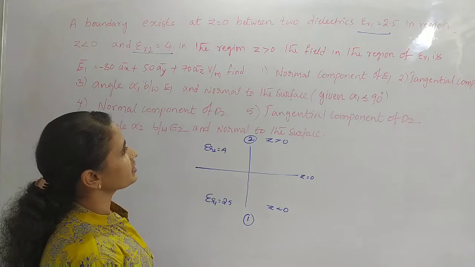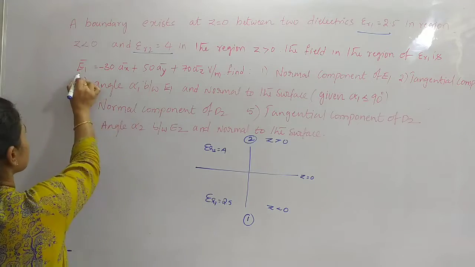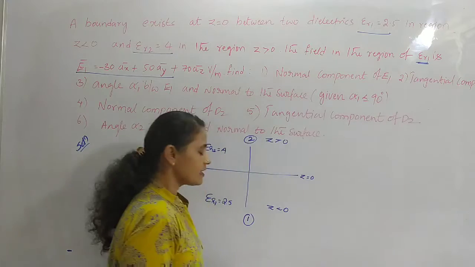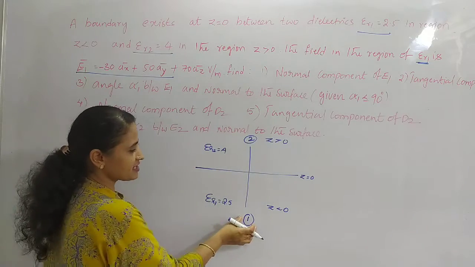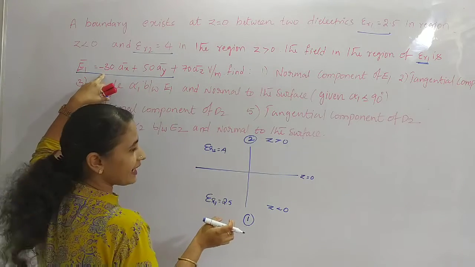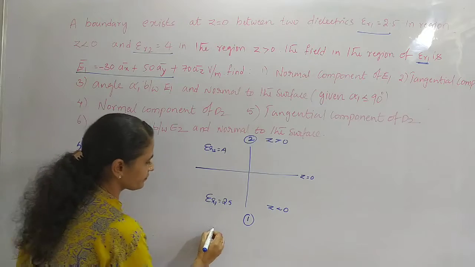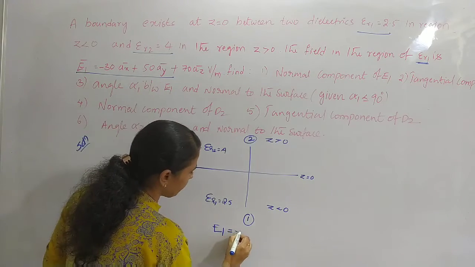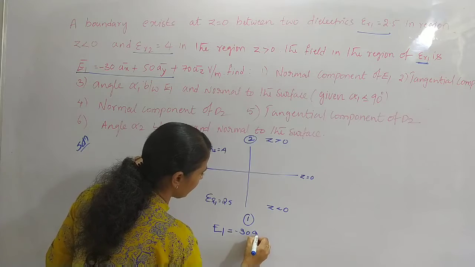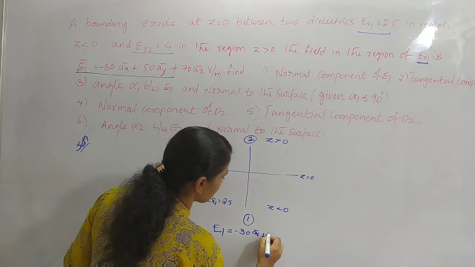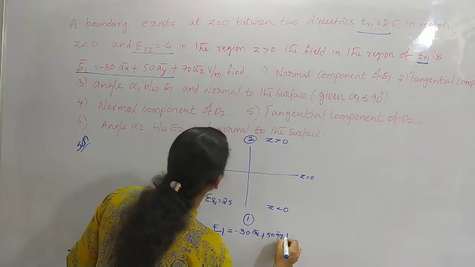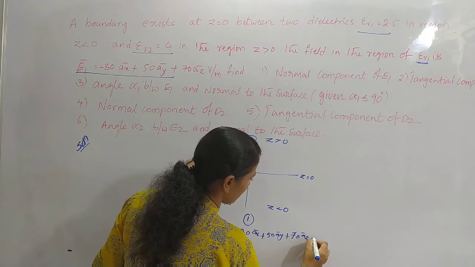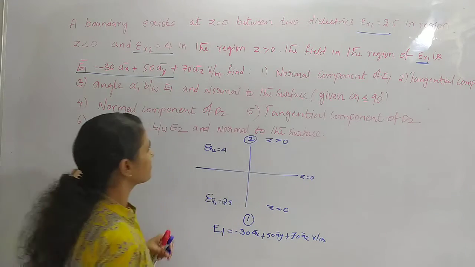The field in the region of epsilon r1, that is, the electric field in the first medium, is given by E1 equal to minus 30 AX plus 50 AY plus 70 AZ volt per meter.